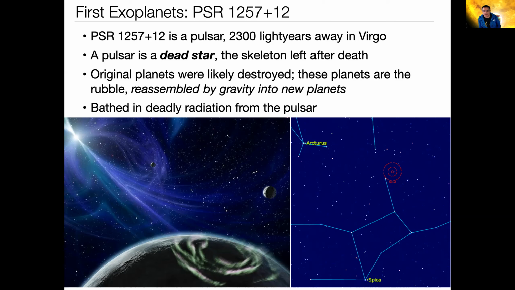Now, the reason we're able to detect them, these were detected by the radial velocity method. The reason we were able to detect them is because the pulsar is a spinning skeleton that has a flashlight stuck on one side of it. And so as it spins, sometimes that flashlight flashes across your line of sight, and then it spins away from you, and then it flashes across your line of sight again, over and over.